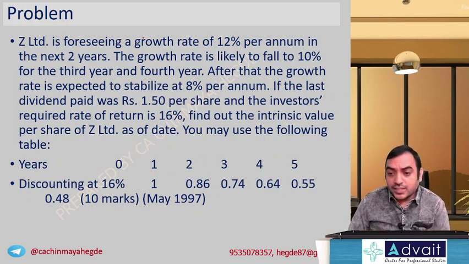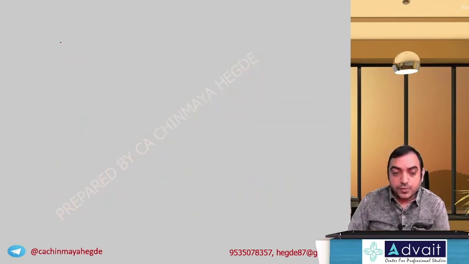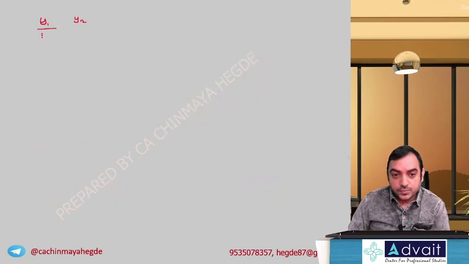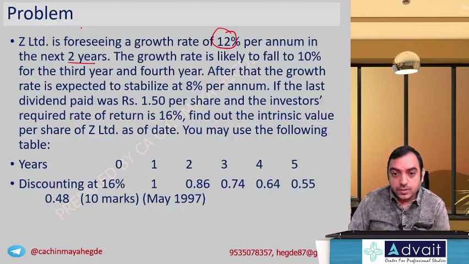Okay, so let's first write down what all is available. Growth rate of 12% for 2 years. So year 1, year 2, growth rate 12%. Then the growth rate is likely to fall to 10% for the third year and fourth year.